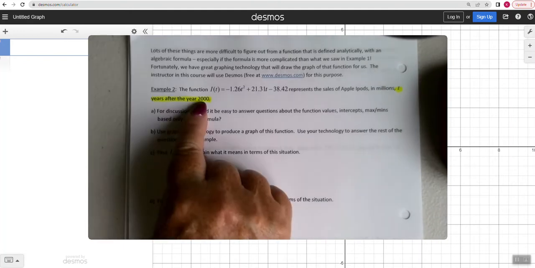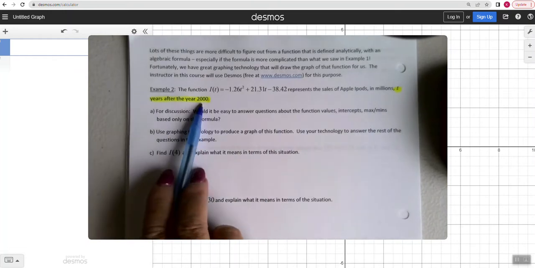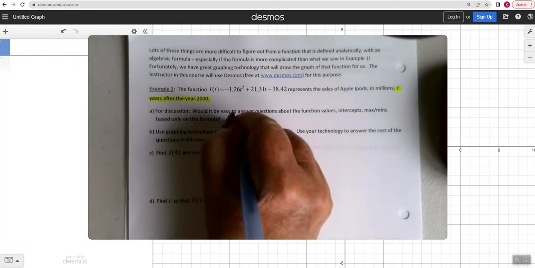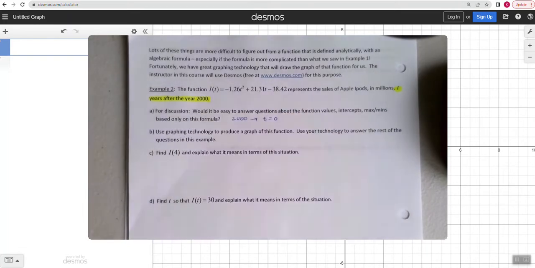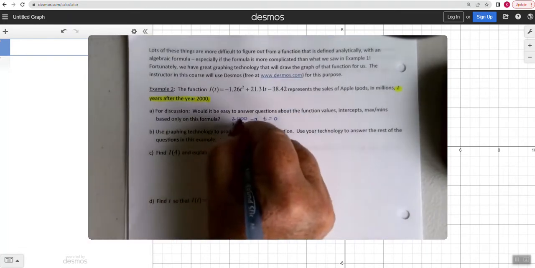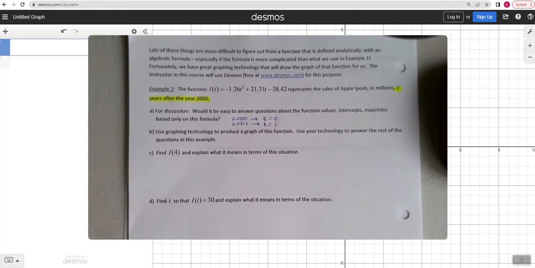Years are really big numbers, and they're not especially easy to work with. So oftentimes we just define a starting year, and once we've defined our starting year, we measure our time from that year. So in this case, the year 2000 itself would be t equals 0, and then 2001 would be t equals 1, and so on.